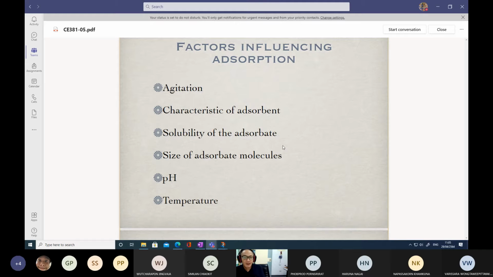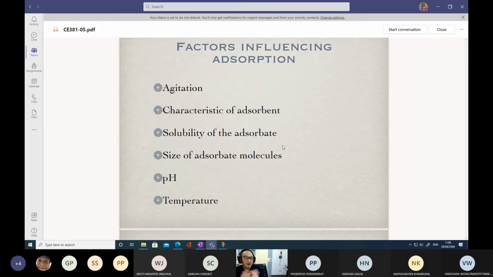Agitation, or characteristic of the adsorbent, the solubilities of the adsorbent. So these are the major factors affecting the performance of the adsorption, not only for the activated carbon, but also for the other types of adsorbent. pH, temperature.